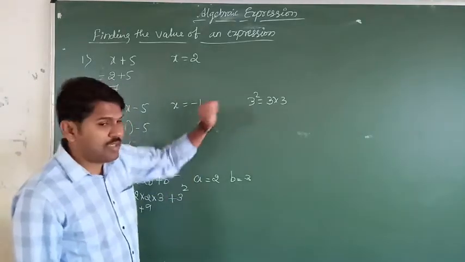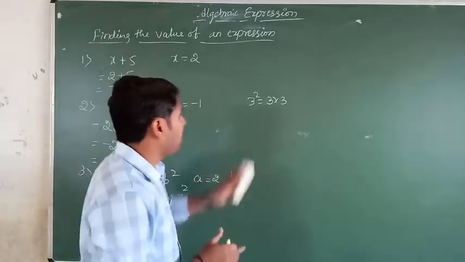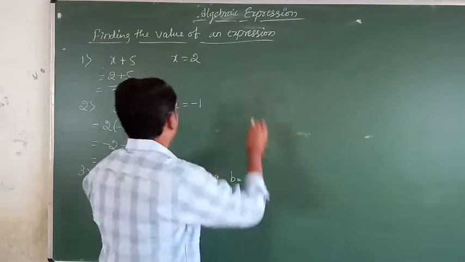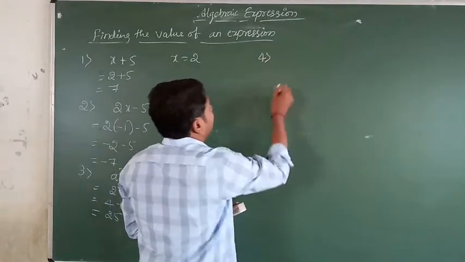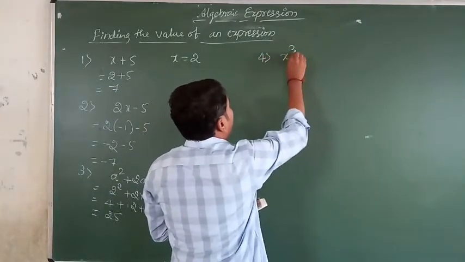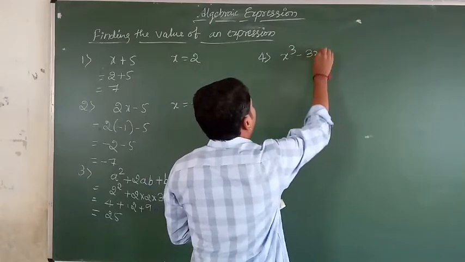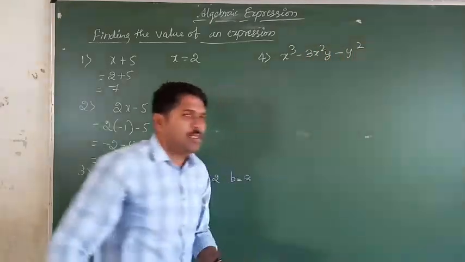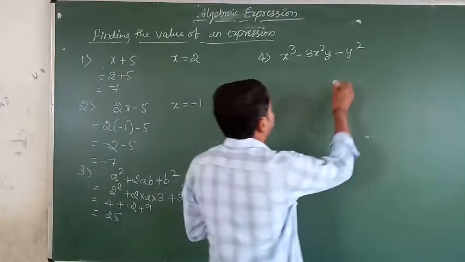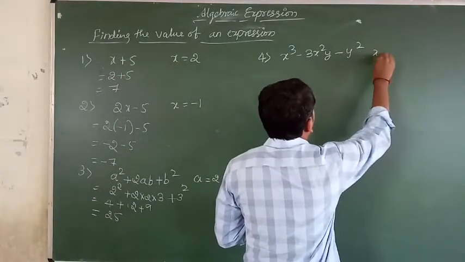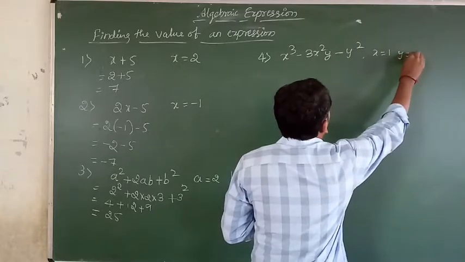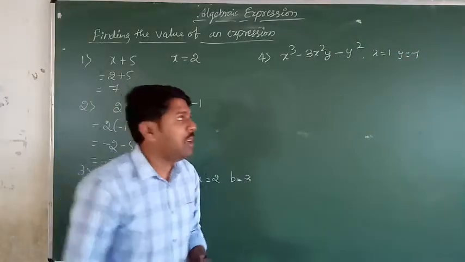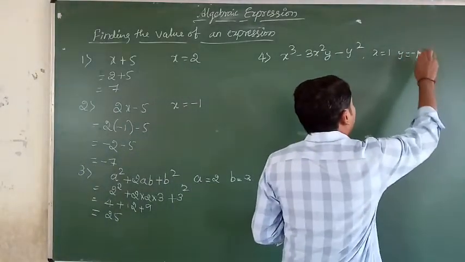So take another example. x cube minus 3x square y minus y square. So here the x value is 1, the y value is minus 1.